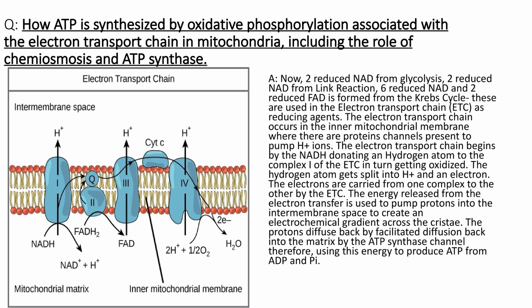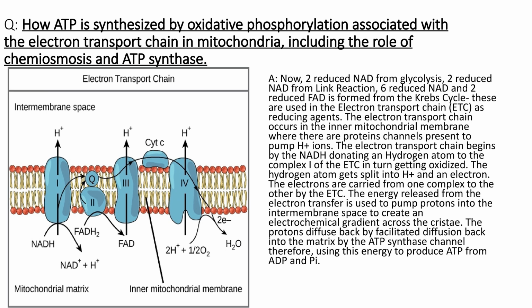The hydrogen atom gets split into H plus and an electron. The electrons then are carried from one complex to the other by the electron transport chain and mobile carriers. The energy released from the electron transfer is used to pump protons into the intermembranous space to create an electrochemical gradient across the cristae.